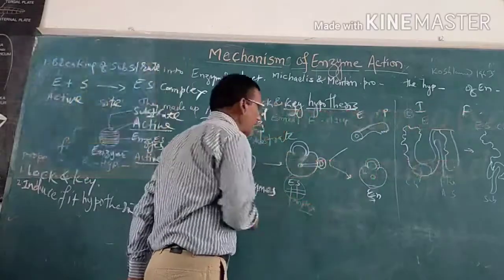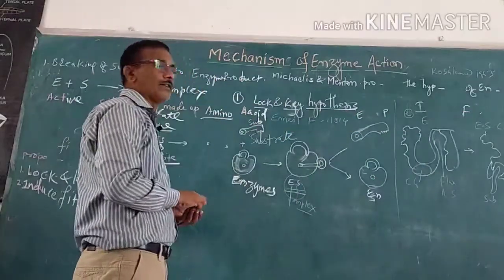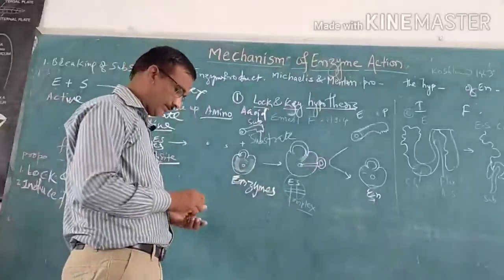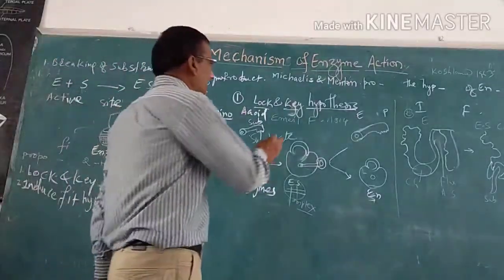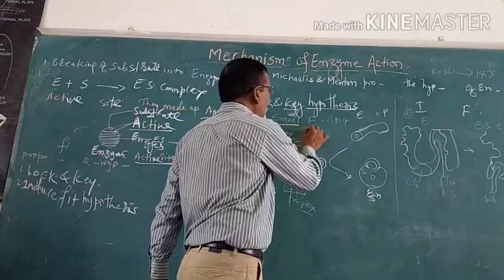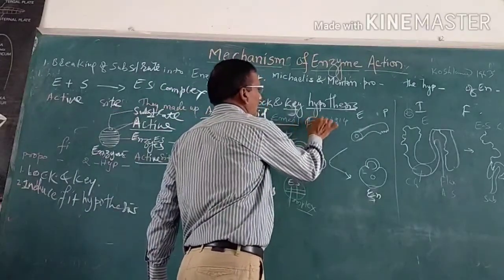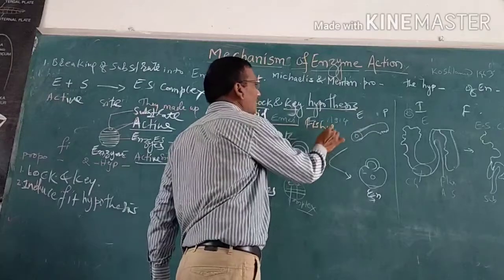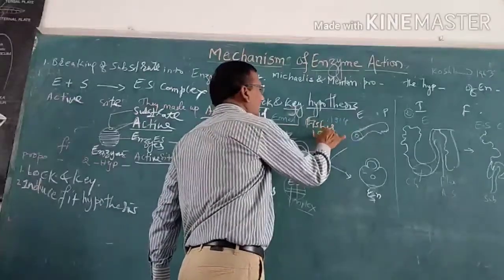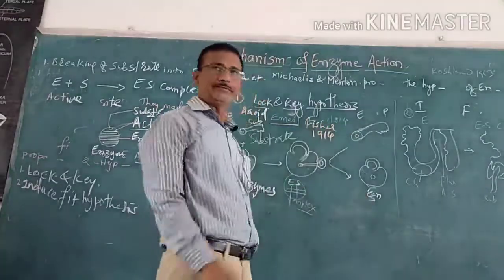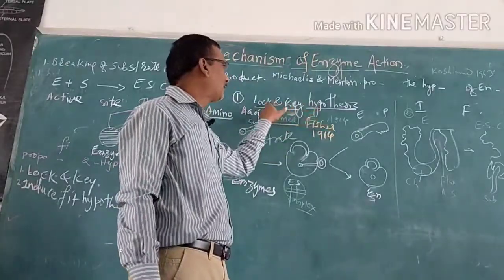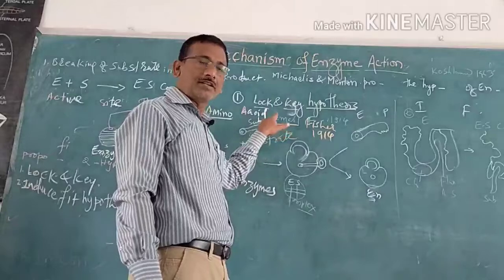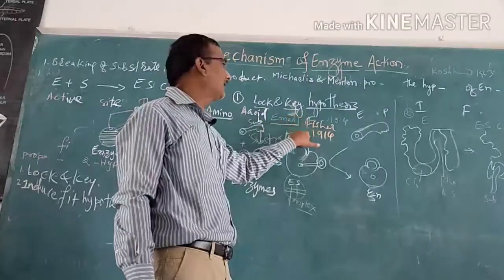This complex was proposed by the scientist Emil Fischer in 1940. The lock and key hypothesis was proposed by Emil Fischer in 1940.